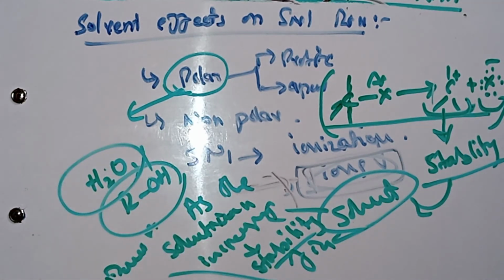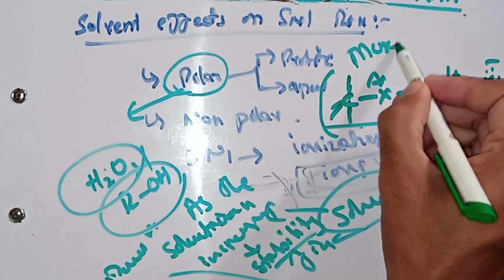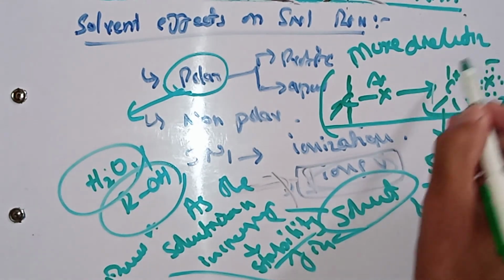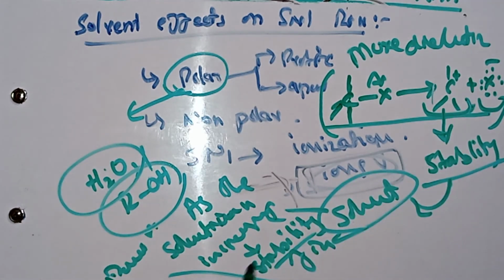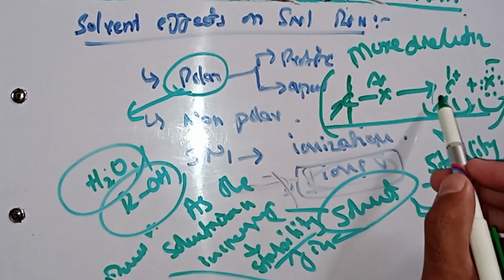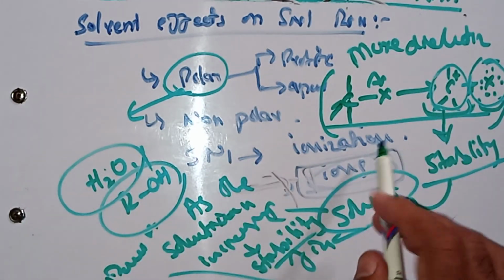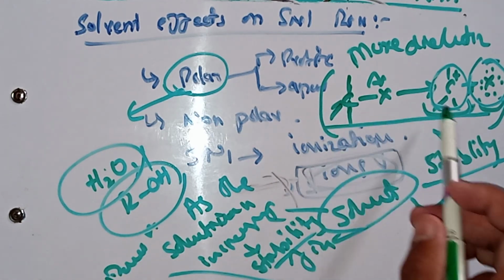Those solvents that have a higher dielectric constant have a greater ability to solvate ions. So when these ions are strongly solvated, the rate of the forward reaction of the first step will be very high.